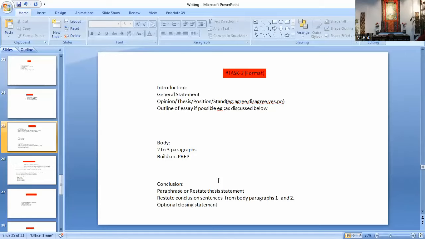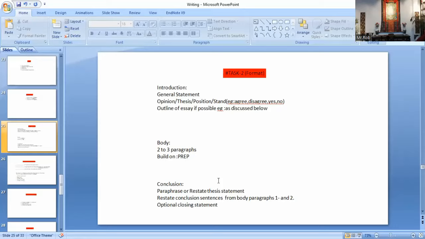So in task two, you will start by giving an introduction, one line, an opening sentence or a general statement related to the topic. Okay? Then after, you should give another line. This general statement can be one to two lines. Then give your opinion in one line, like I agree.